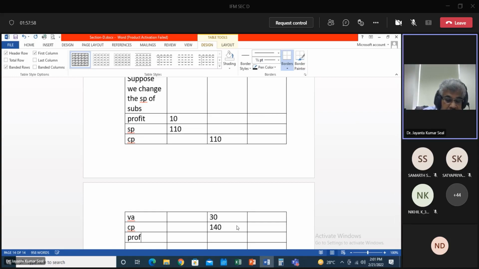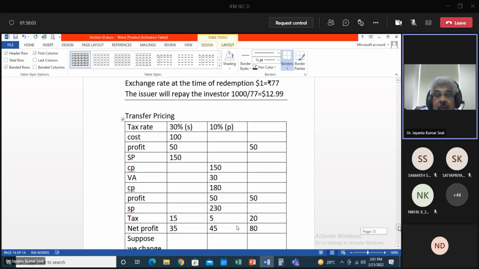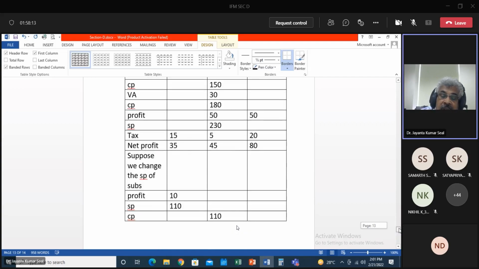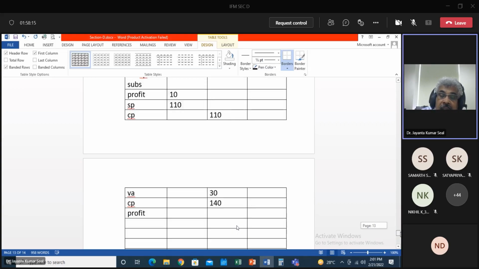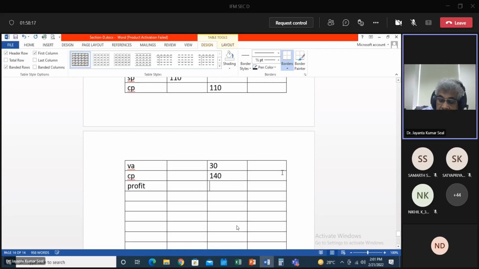Profit same. Now the total profit of subsidiary and parent was 50 plus 50, 100. So now the company decided to make 10 rupees profit in the subsidiary country and 90 rupees in this country, in which the selling price remains same. So selling price is same 230.